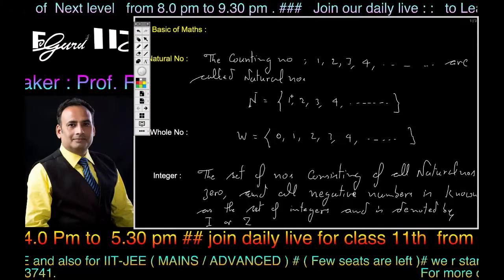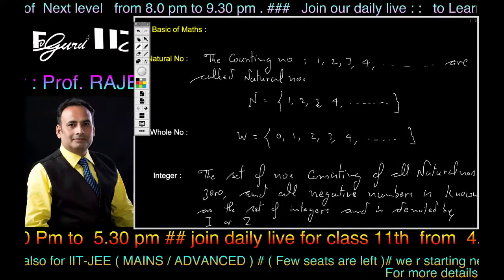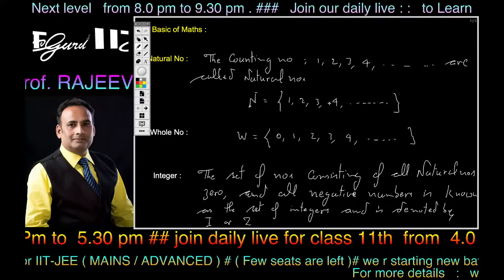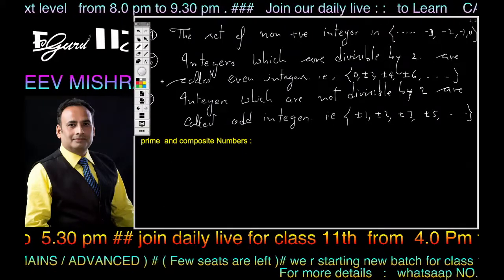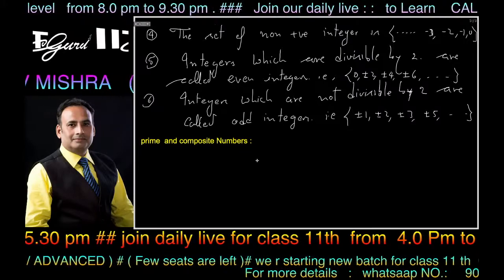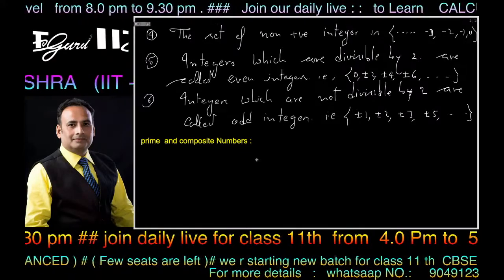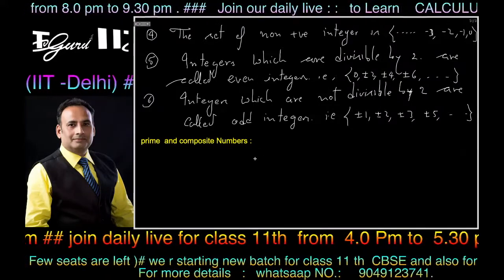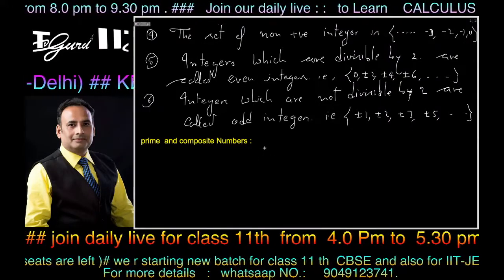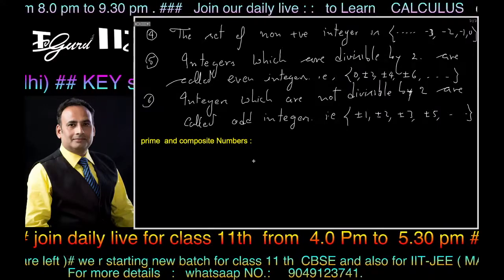This number 1 is called unity. Some numbers are prime numbers and some are composite numbers. So natural numbers are classified in 3 categories: unity, prime and composite. Unity means the number 1, which is neither prime nor composite.